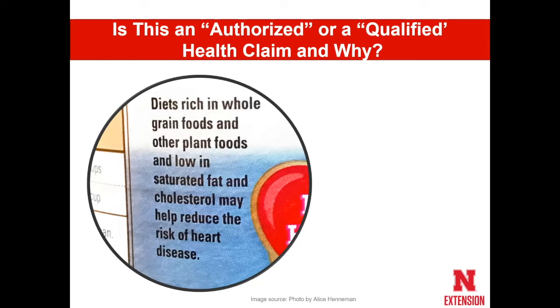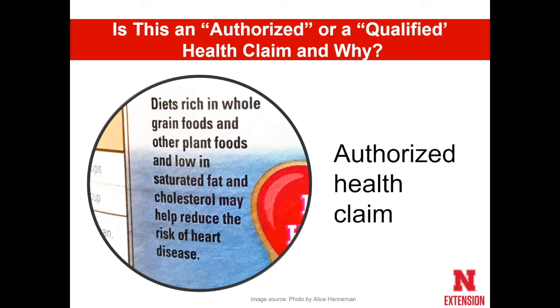So in the next slide, we want to say, is this an authorized or qualified health claim? So this one is an authorized health claim, and you can see that it's authorized because there's no disclaimer statement on the food label.